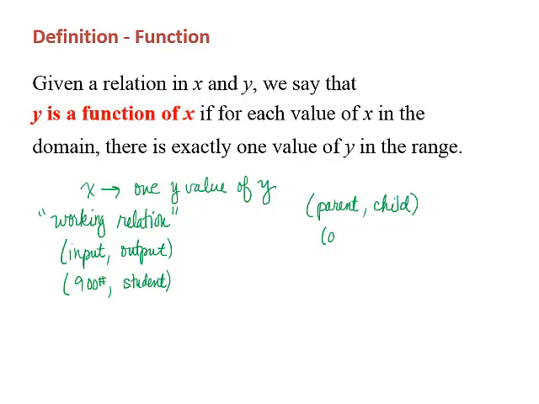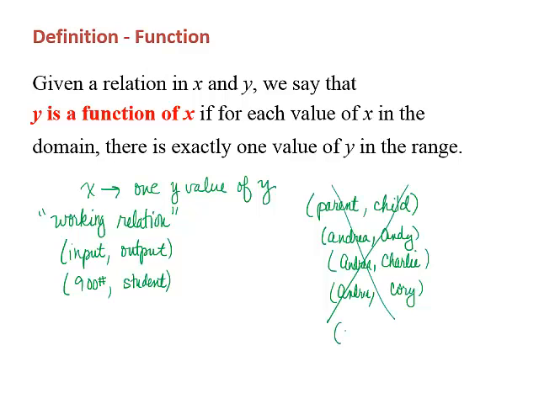Like in my case, I have 3 boys, so I would correspond to Andy, Charlie, and Corey. So this is a case where it would not be a function, because for that value of x in the domain, there are 3 different values of y in the range.